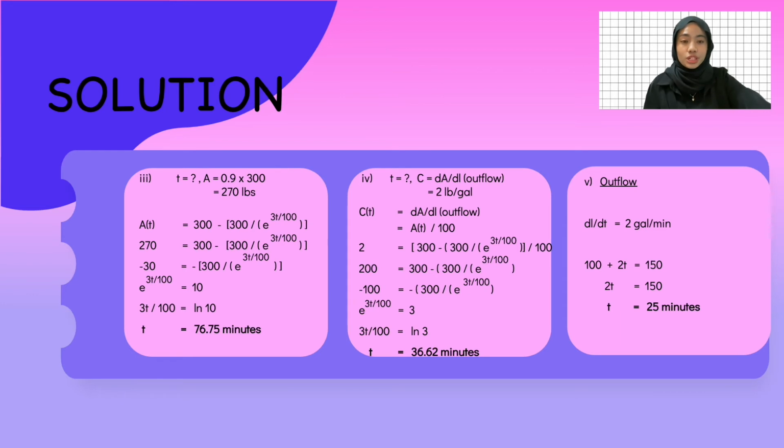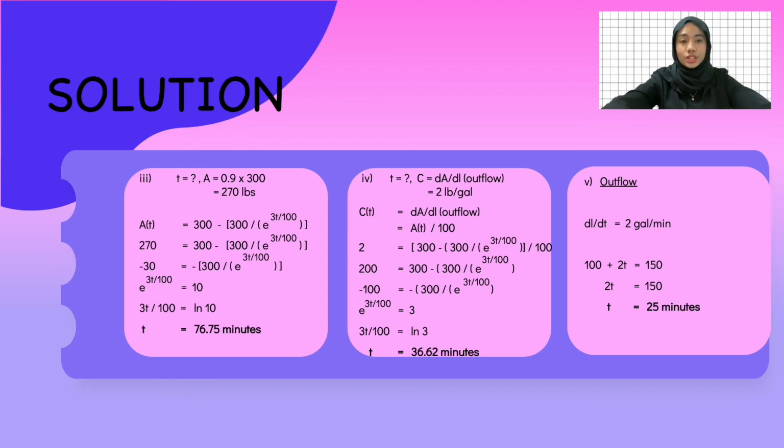From this question, we know that the concentration is 2 pounds per gallon. Before this, we also found that the concentration is A(t) over 100. So we can compare the 2 pounds per gallon to the first equation that we found for the outflow, dA/dL. The answer for this question is t equal to 36.62 minutes.